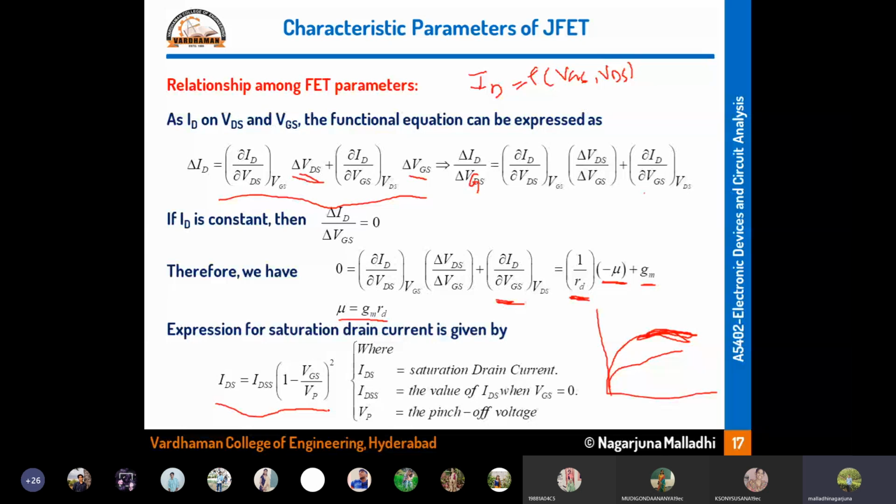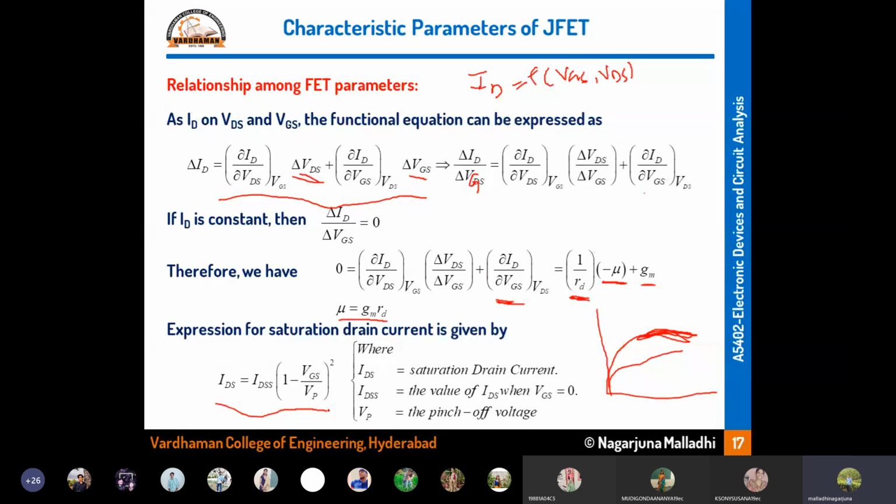As in the drain characteristics, as VDS keeps on increasing, ID also increases. But at a particular point, as VDS increases, the depletion regions on both sides come closer, and the channel becomes very thin. At a particular voltage the channel will be closed, and whatever the previous current is, that will be maintained constant.